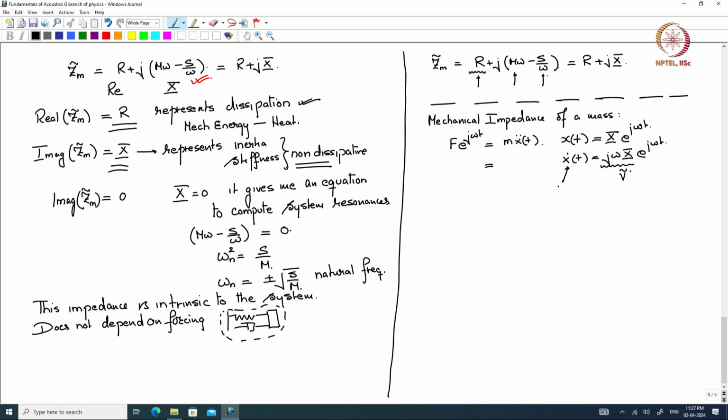So, we will write x double dot of t as j omega into j omega into x e to the power of j omega t. Okay. And this part over here is v tilde, the amplitude. So, this we write as j omega into v tilde into e to the power of j omega t.